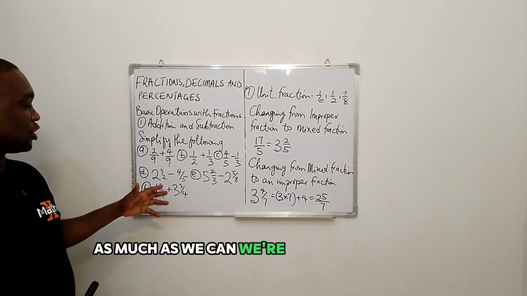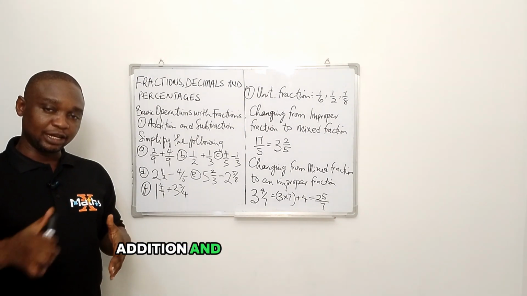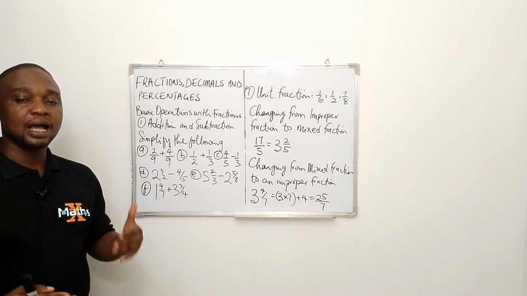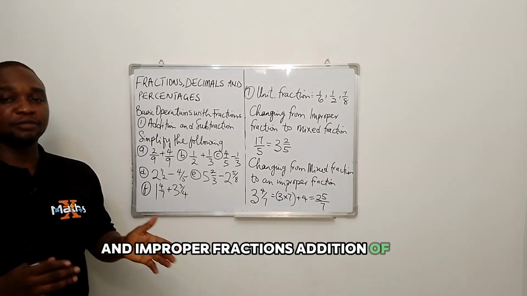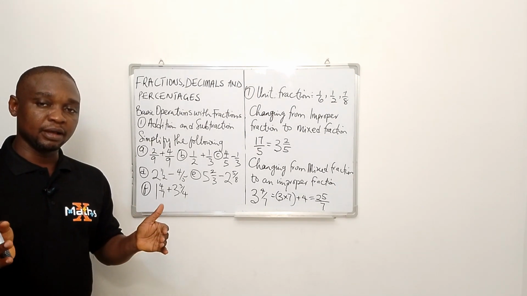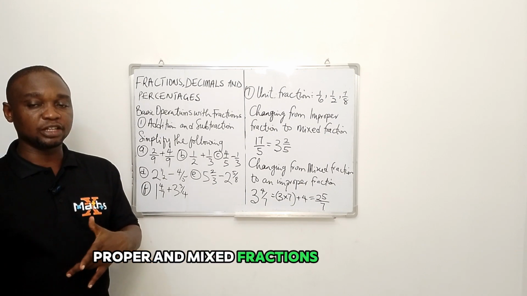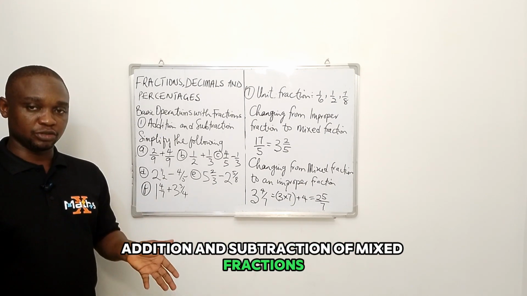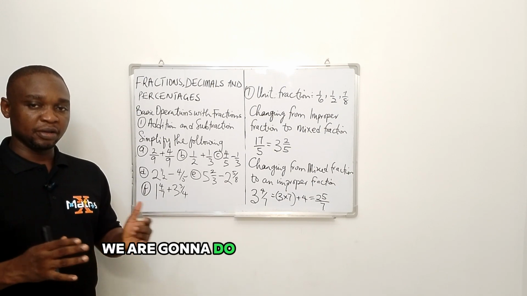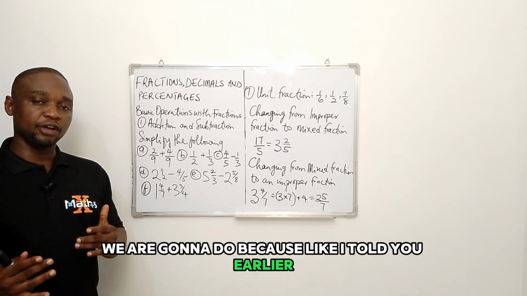As much as we can, we're going to be looking at addition and subtraction of proper fractions, addition and subtraction of proper and improper fractions, addition and subtraction of proper and mixed fractions, and of course, addition and subtraction of mixed fractions.